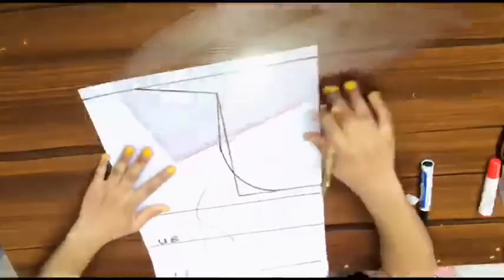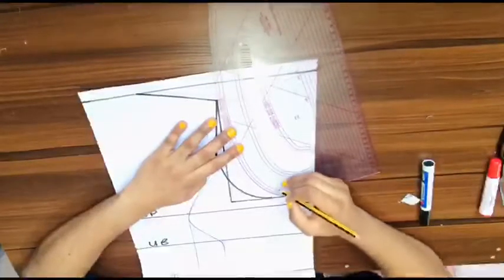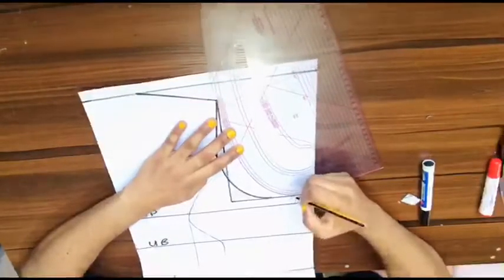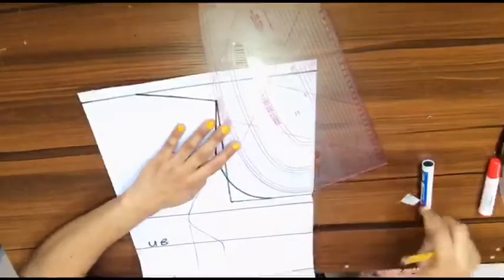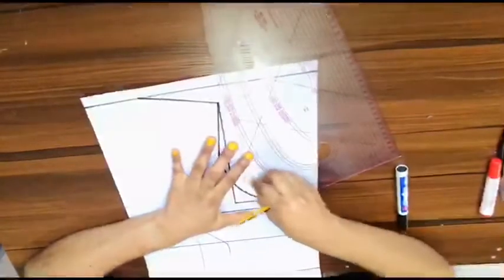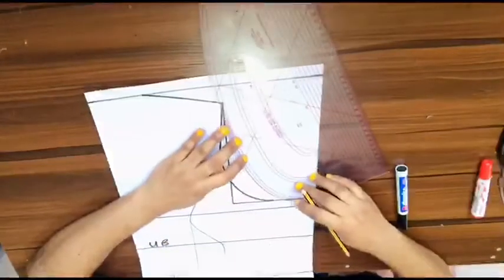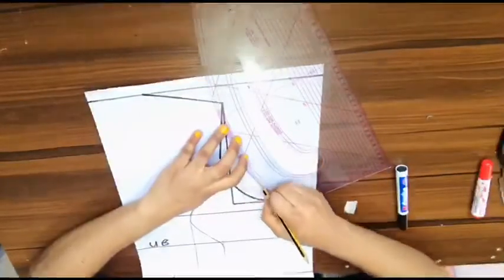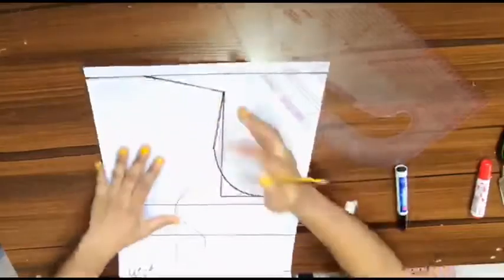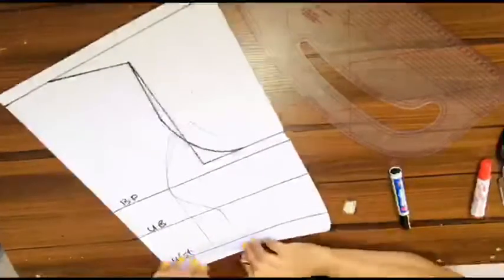Okay, so now that I've done this, I'm just going to bring it down to my chest line to reveal a new armhole. Okay, so that is what we have for the modified armhole princess darts.